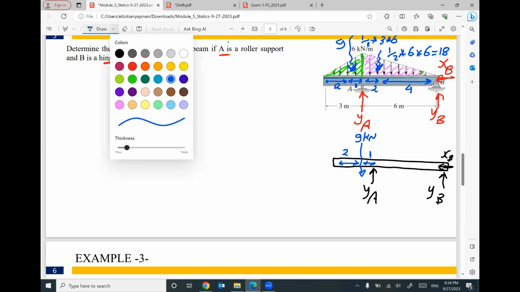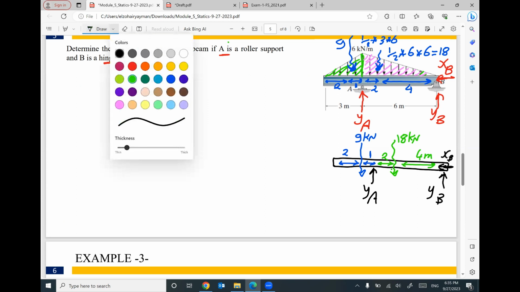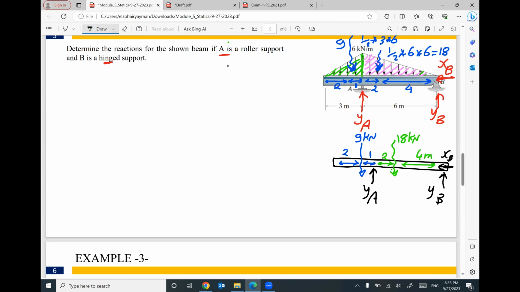I will have another equivalent here equal to 18 kilonewton with a distance of 2 meters and another distance here of 4 meters. Then I will start to apply my equilibrium equations.